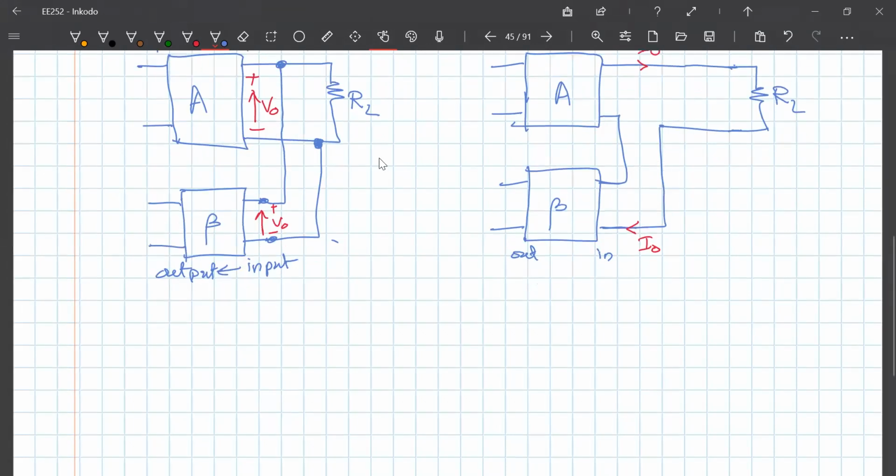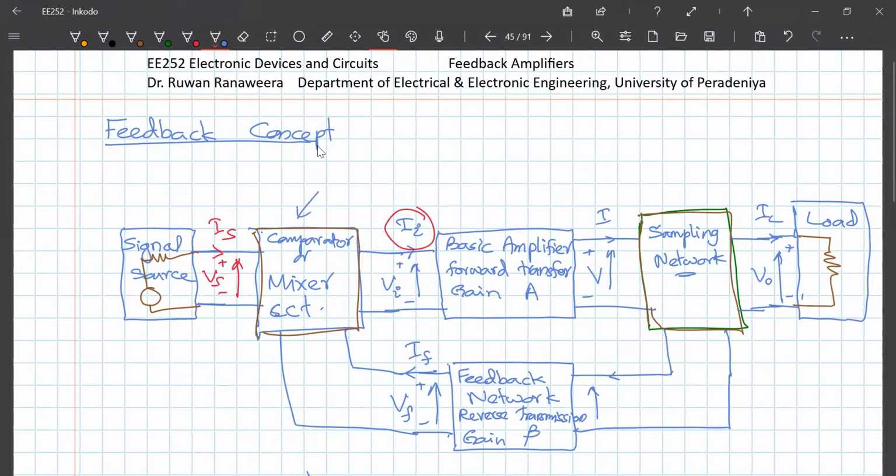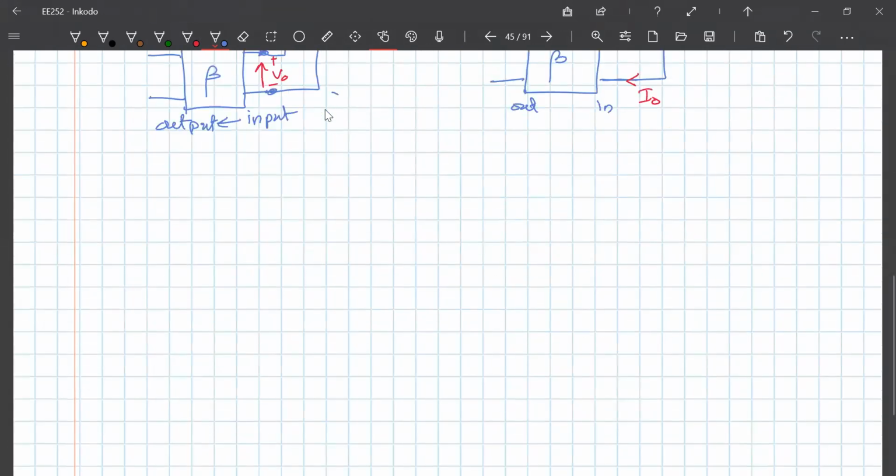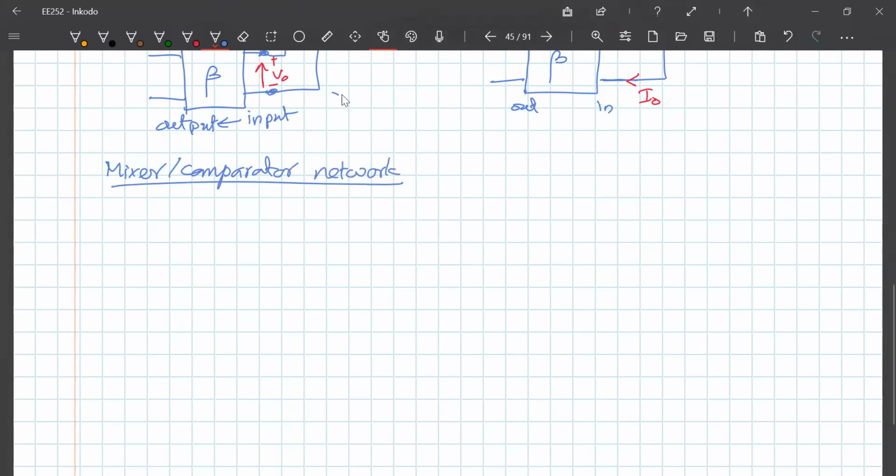And similarly, for the second circuit, the comparator mixer network, how do we get that? So now we already have this amplifier.